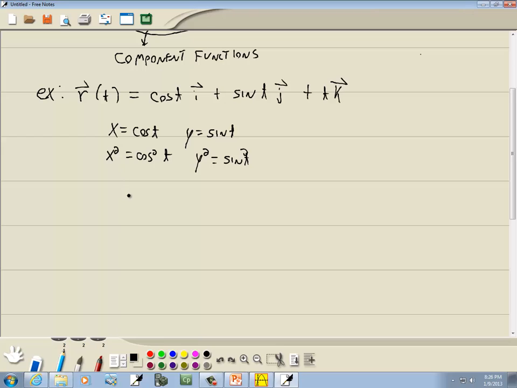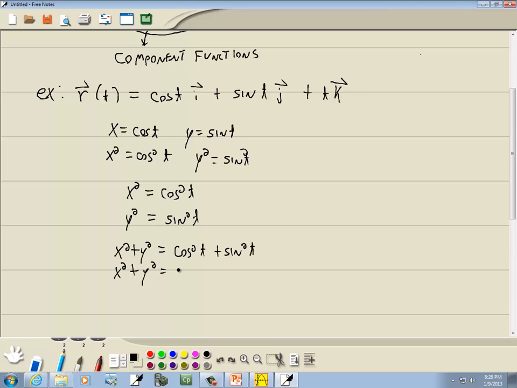I'm going to have x squared equals cosine squared t, and I'll put this equation right below it, y squared equals sine squared t. Now you can add together the corresponding sides. So this would be x squared plus y squared equals cosine squared t plus sine squared t.